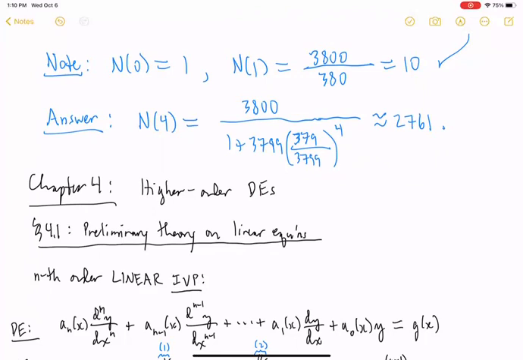If we were doing a second order linear differential equation, how many initial conditions do you need? Two.